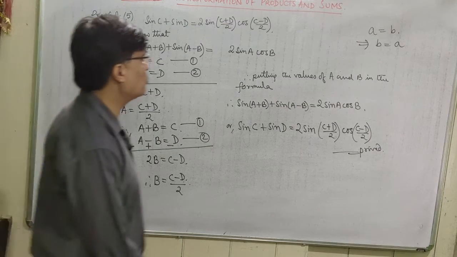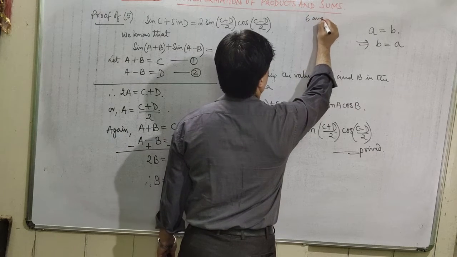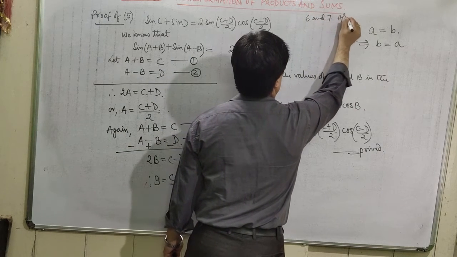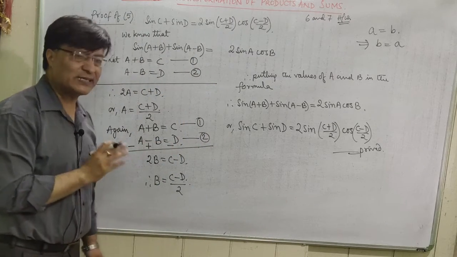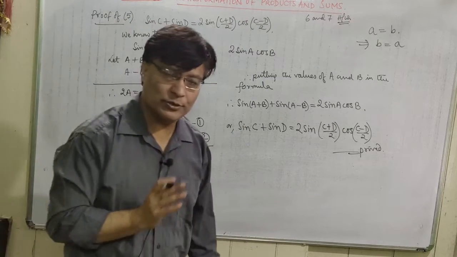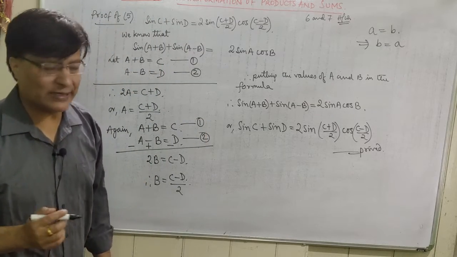So it is proved. So I think you have understood it. Similarly you can prove formula number 6 and 7. Formula number 6 and 7 are your homework, right? So you can prove them at your home. So let us prove number 8.